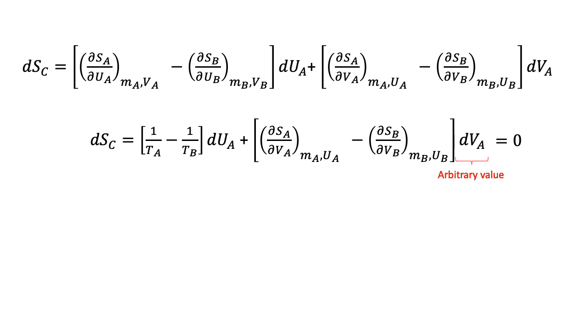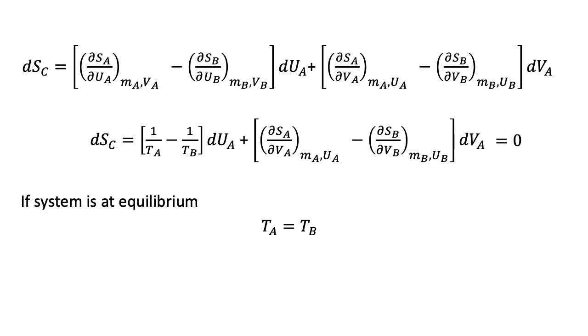Similarly, dVA can have any arbitrary value. So if the system is at equilibrium, we require that both these expressions in brackets must equal 0 independently, which means that TA is equal to TB. And these two partial derivatives, dSA by dVA, must be equal to dSB by dVB.